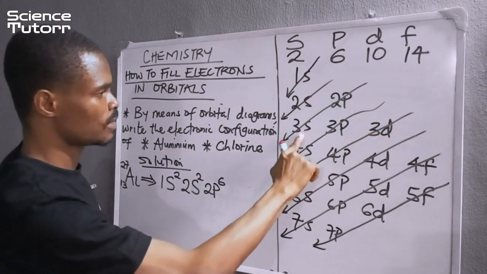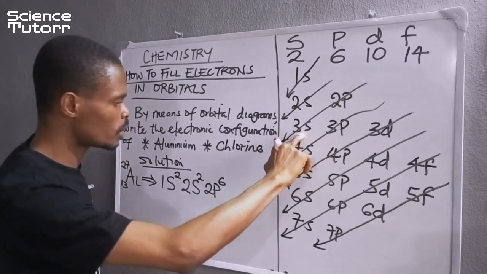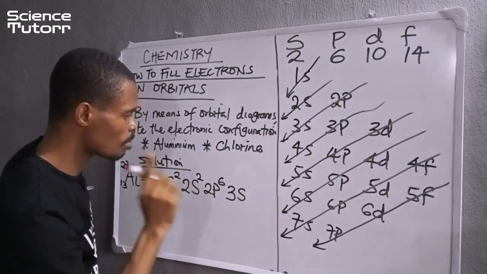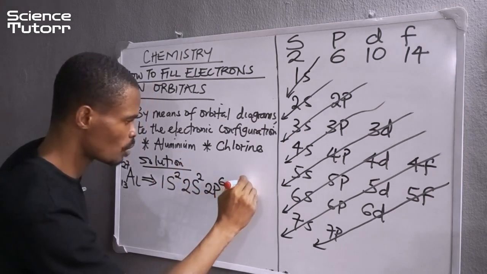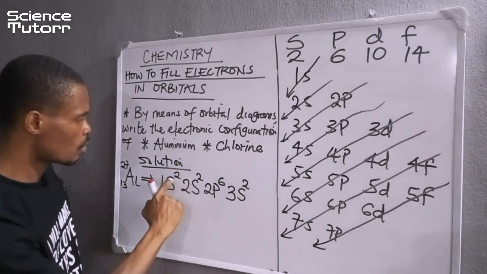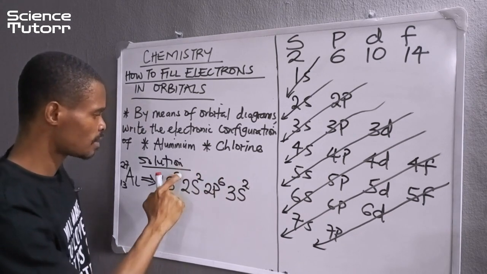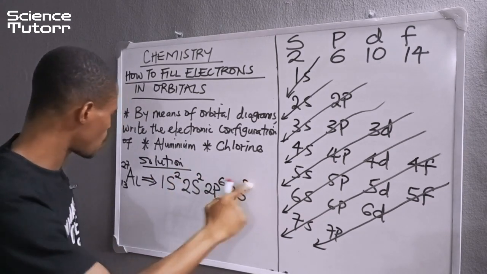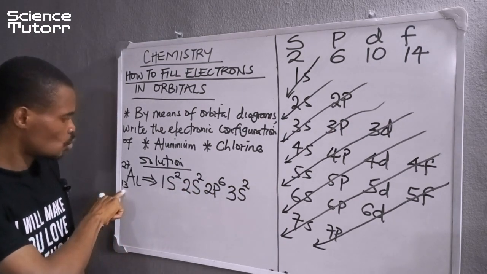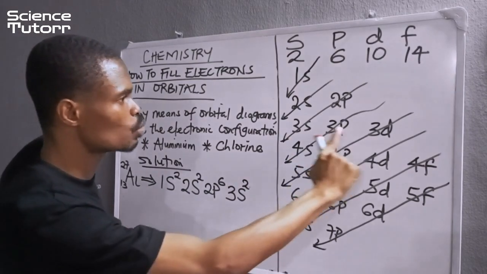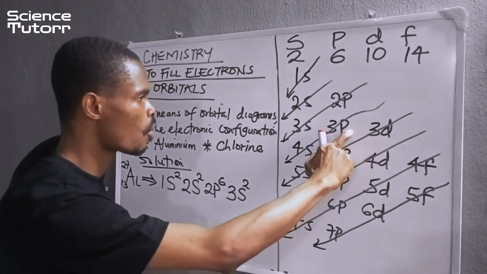The next orbital will be 3s, which is supposed to hold a maximum of 2 electrons. So we have 3s2. Now when you add all of these, this is 8, 10, 12. 12 electrons are gone, remaining 1. So where will the 1 electron go? After 3s, it will go to the 3p orbital.